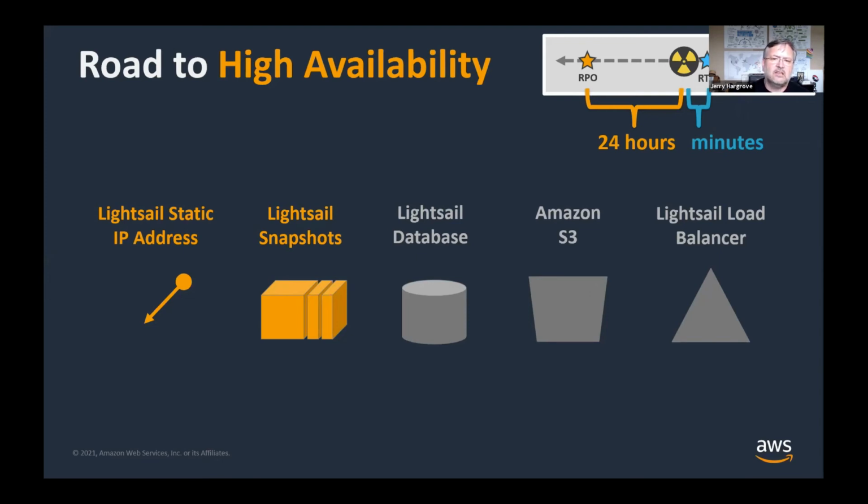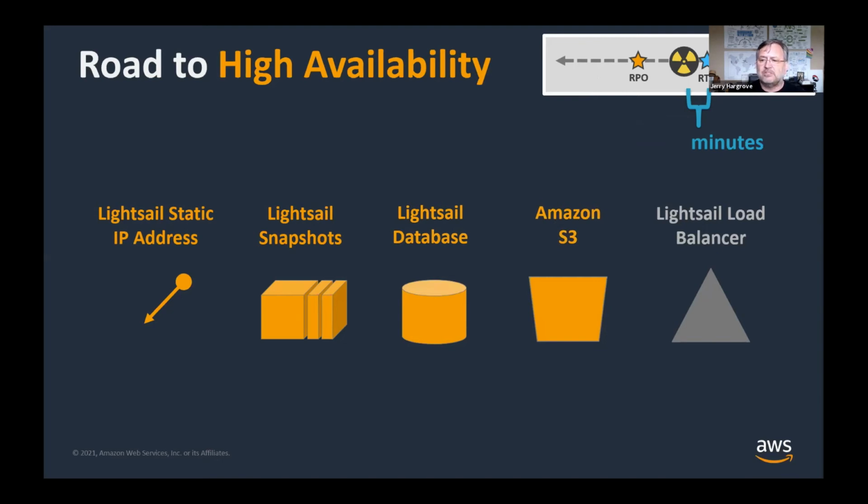At worst case, if there was a catastrophic system failure of our single instance, we would only lose up to 24 hours worth of data. Then we added a Lightsail database, which didn't directly add or reduce our RTO, but affected our RPO.